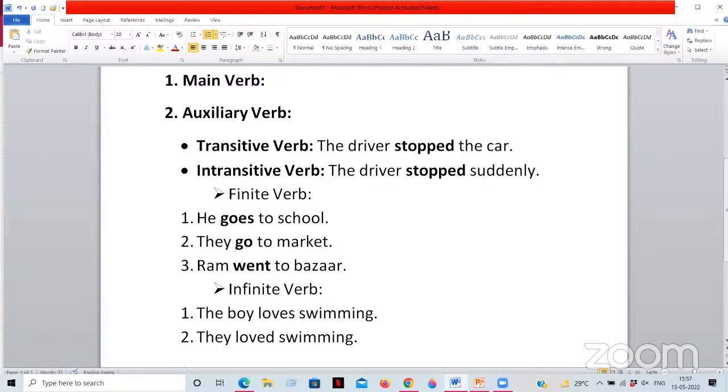Let it be. Okay, see here, this swimming is a verb. This swimming is a verb over here, but before that there is another verb. That is the main verb, and this is the infinite verb, or you can say it is a gerund.